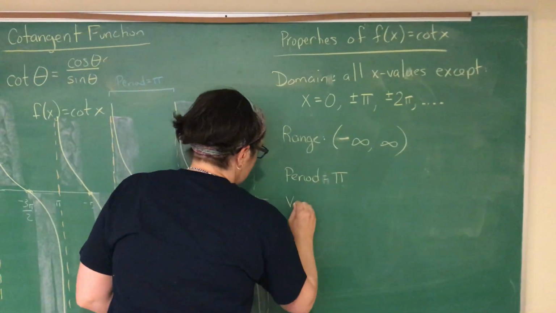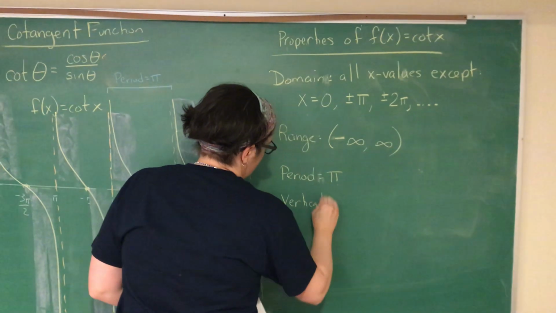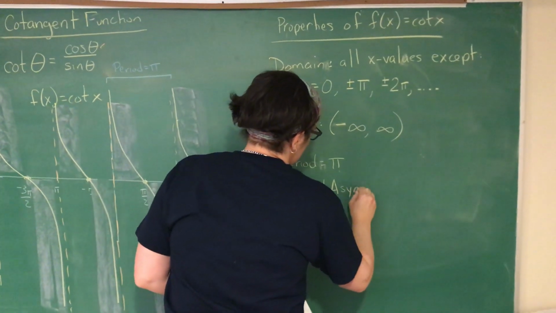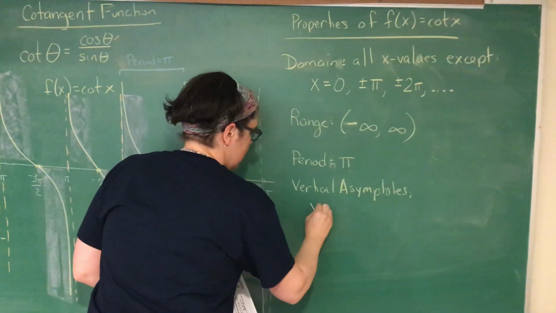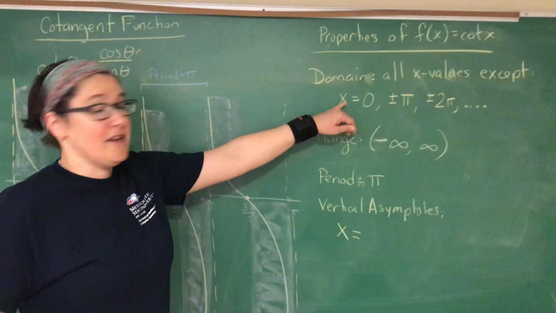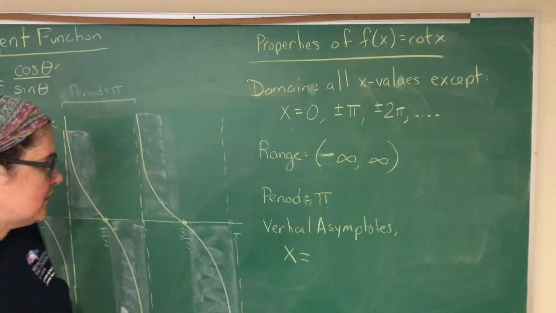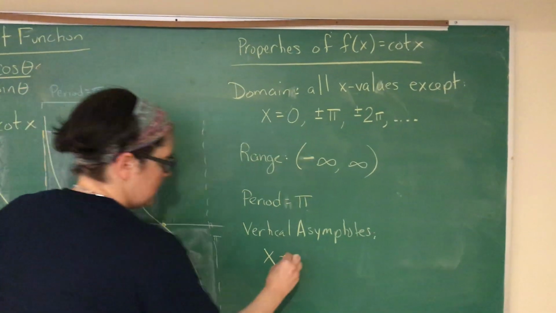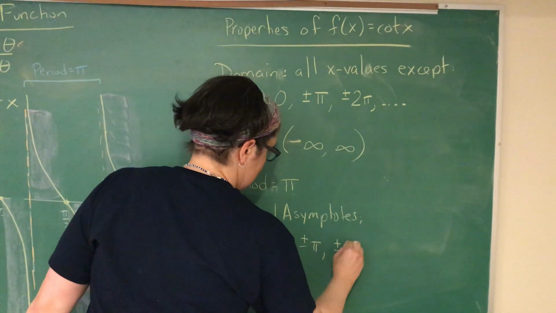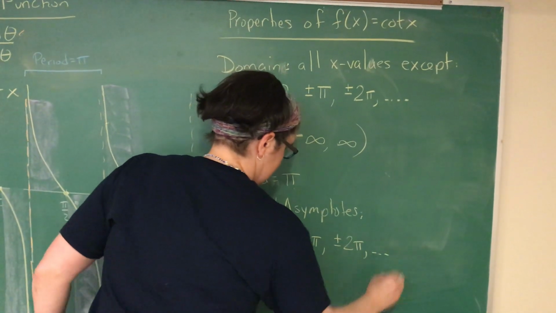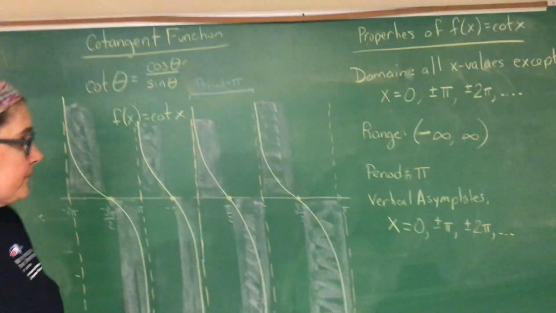And finally, our vertical asymptotes are all the x values that are not part of the domain. So our vertical asymptotes are x equals 0, x equals plus or minus pi, x equals plus or minus 2 pi, etc.